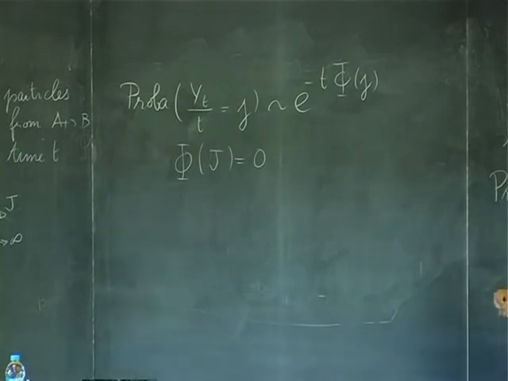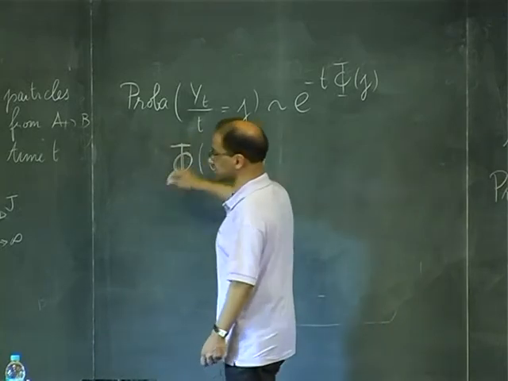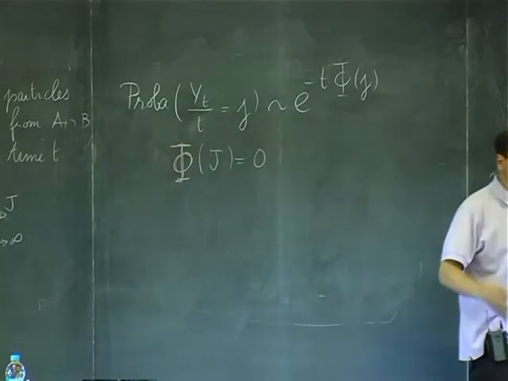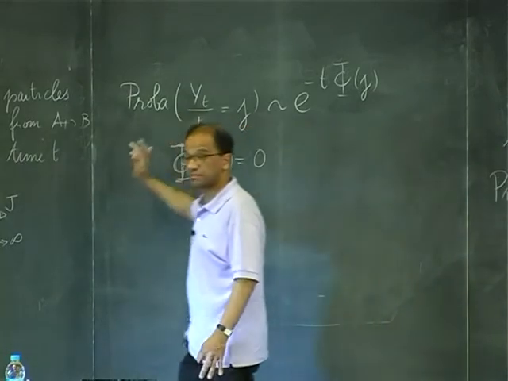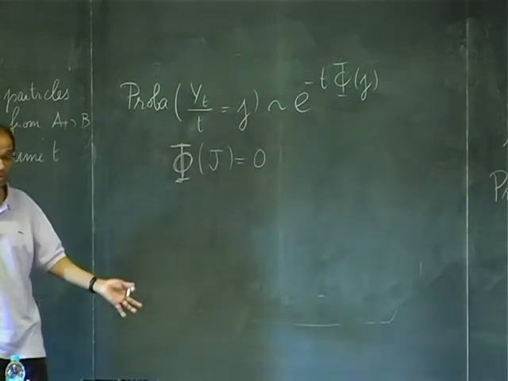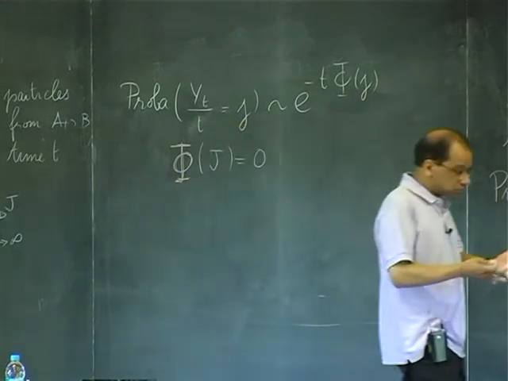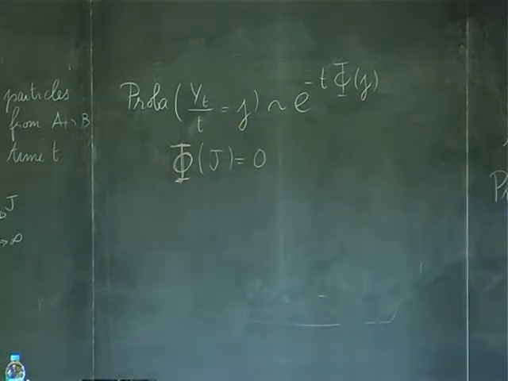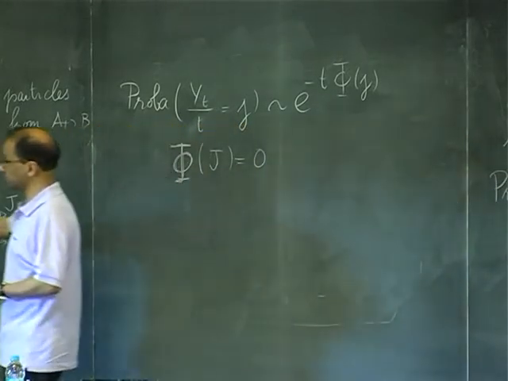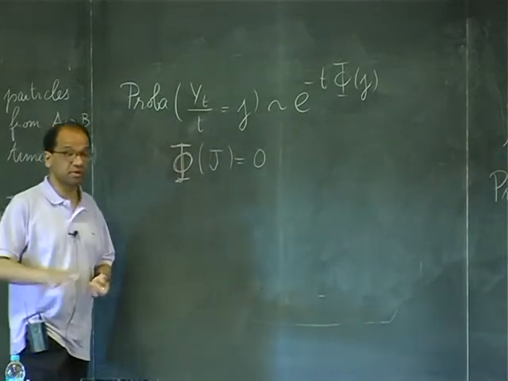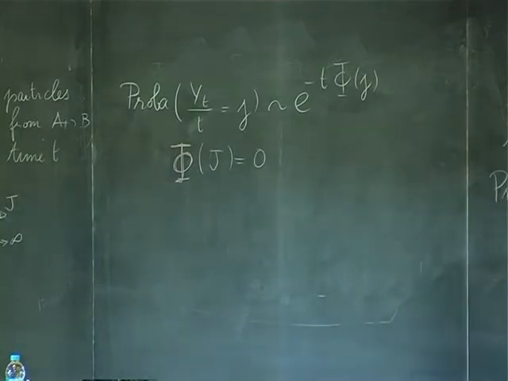So here is a system out of equilibrium where I cannot talk about entropy, about free energy, anything like that, but I can define very simply a large deviation function for the current. The hope is that this phi carries information of the same type as the information carried by thermodynamic potentials in equilibrium statistical mechanics. So here is a good candidate for being a non-equilibrium potential.